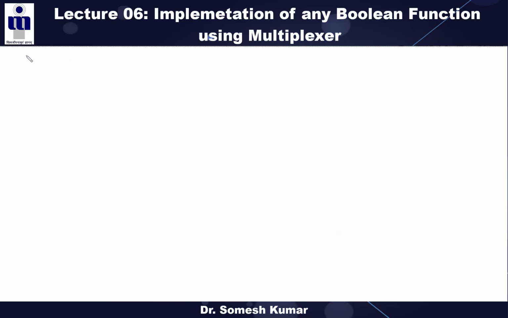So the question is, for example, this is your 4 variable function, and it is given to implement this function using the 8:1 mux. You implement this 8:1 mux, right?